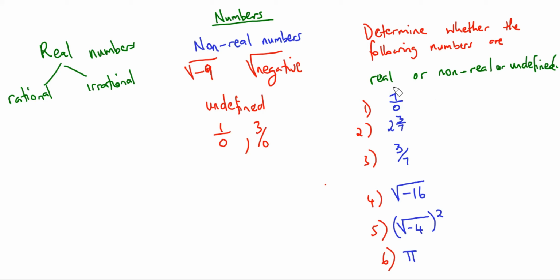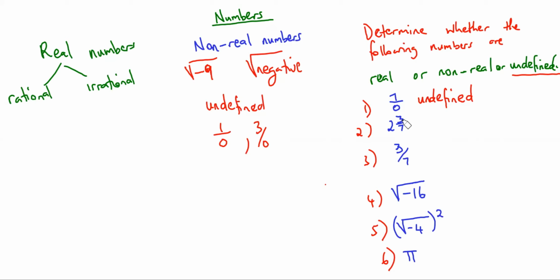Okay, so in this case, determine whether the following numbers are real, non-real, or undefined. The reason why I bring in undefined is so that when you meet it, you must know that the denominator has to be 0 for it to be undefined. So here it's undefined.